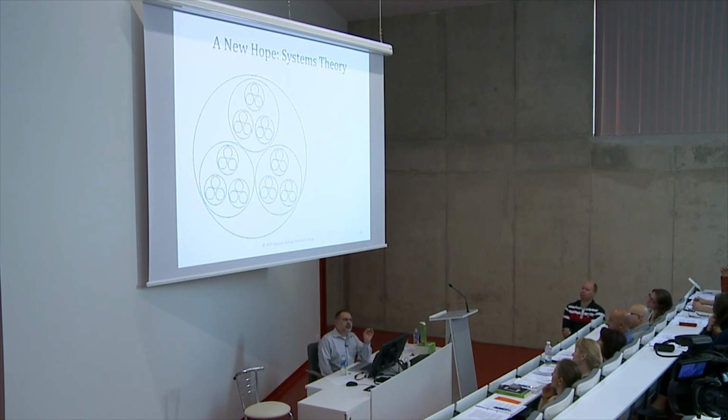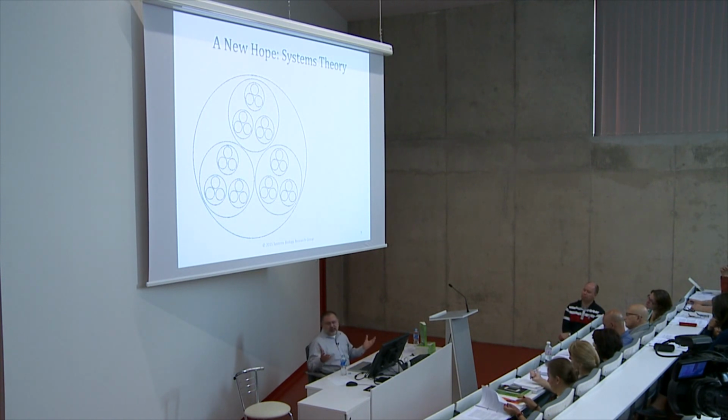Each one of the smallest circles maintains its own independent level of function, but it is interdependent on the activity of all the other systems. So in other words, if you think about it at a macro scale, when you are in a family, as a son, as a father, as a mother, as a daughter, you maintain your own independent existence, but it is always linked to the activity of the other people in your family.